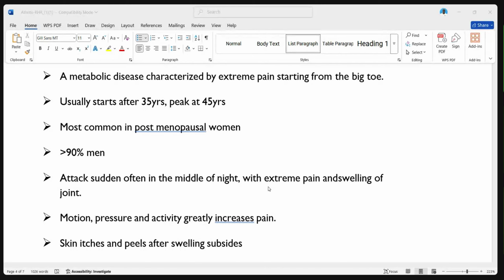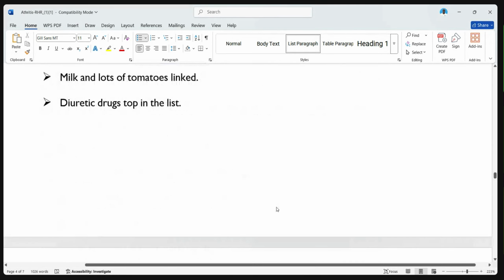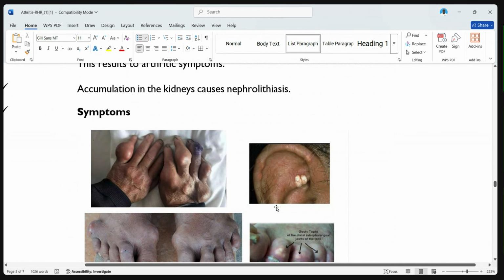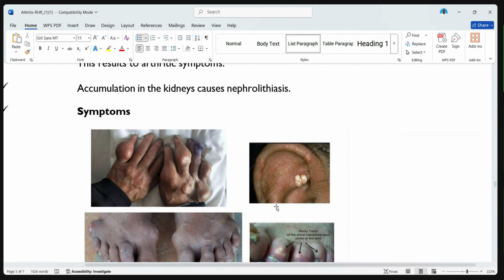And so we also have other types of arthritis that come about. For example, we have septic arthritis, which I did really not include in my menu. But these are some of the symptoms and presentation of gout arthritis. Naona vile watu wamefura miguu, and it's very painful, by the way.